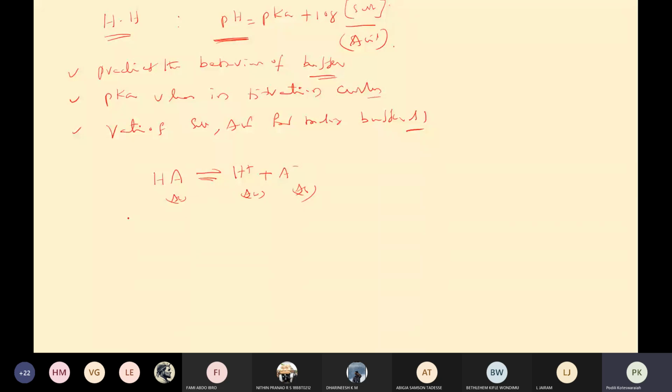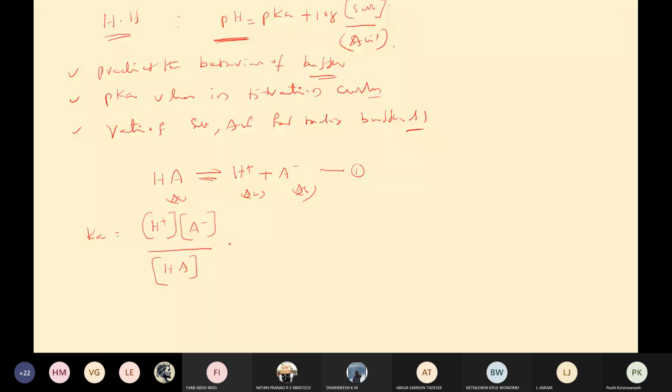The dissociation constant for this weak acid, or the acidity constant K, is equal to the concentration of H+ times the concentration of A- divided by the concentration of HA.